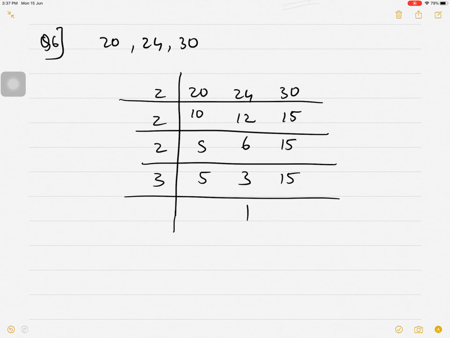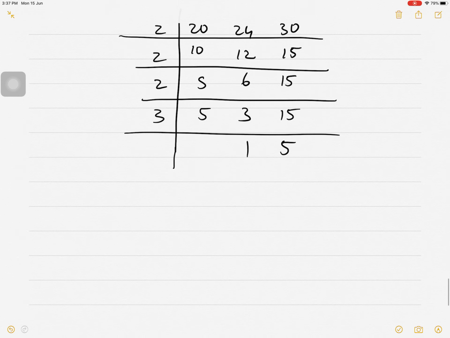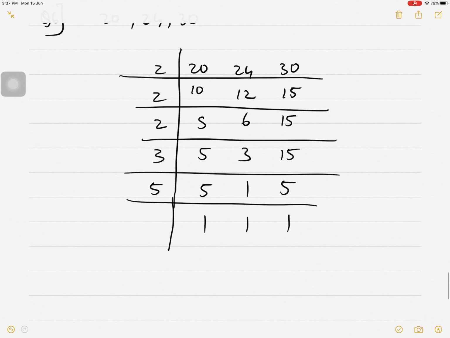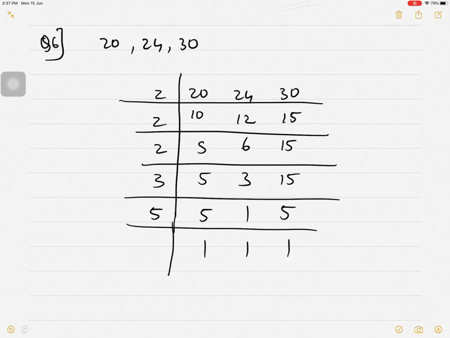Then 3 1s are 3, 3 5s are 15. I'll write 5 as it is. Then 5 1s are 5. I'll write 1 as it is. Okay.